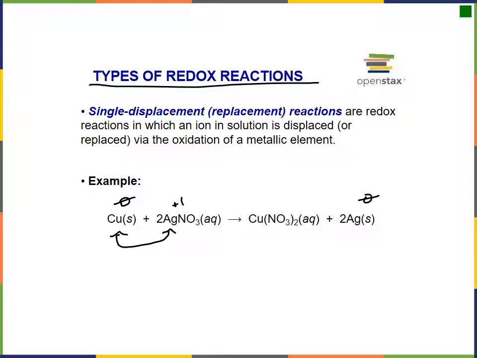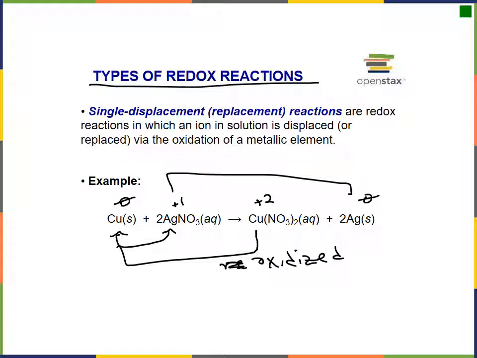Copper is with 2 nitrates, therefore it is +2. We know that copper is going from 0 to +2, so it's being reduced. Excuse me, it is being oxidized. Silver is going from +1 to 0, therefore it's being reduced. And that is a single replacement or single displacement reaction where copper is being oxidized and our silver is being reduced.